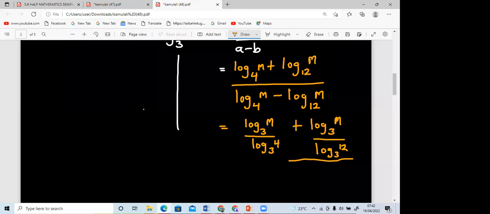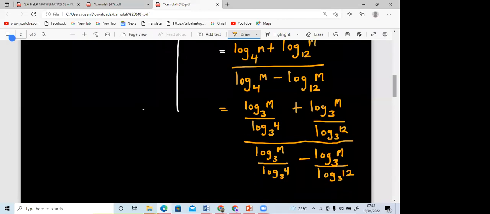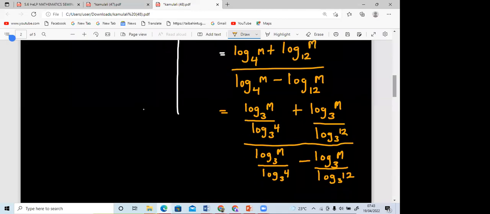Then all of it out of, the other side was log m3 out of log 3 of 4, minus log 3m, then out of log 3 of 12m. Since I never wanted my thing to be complex, I let log 3m be equal to y.